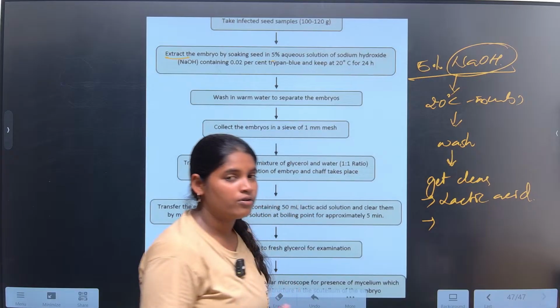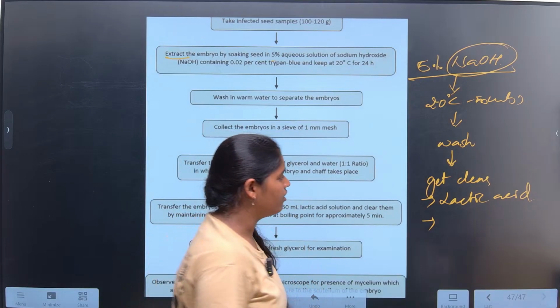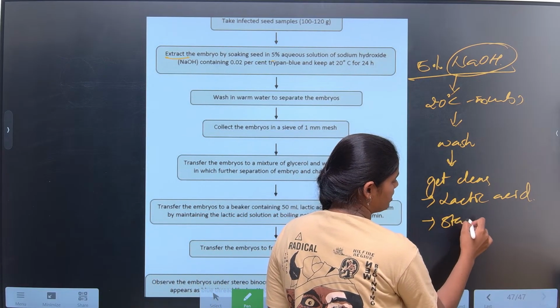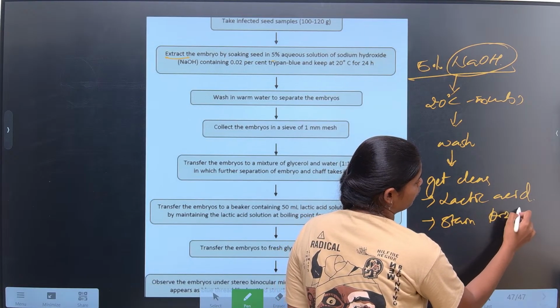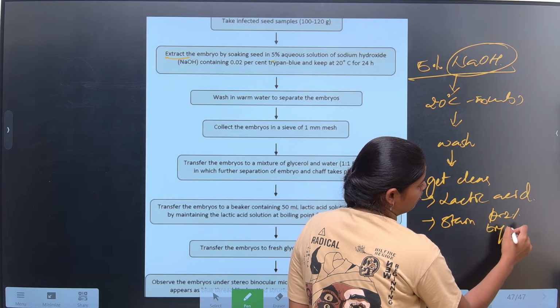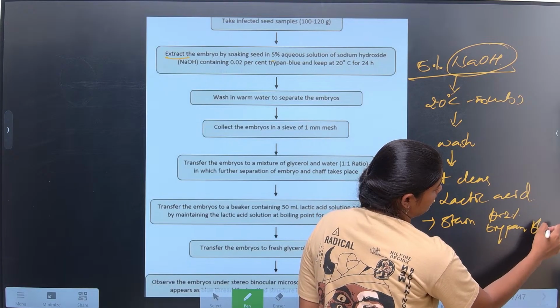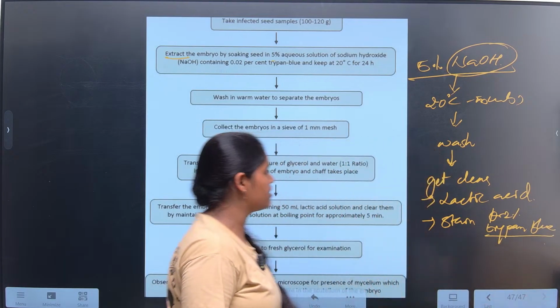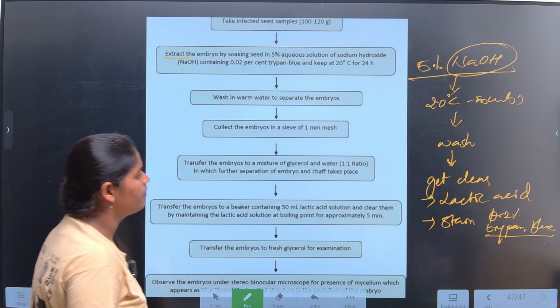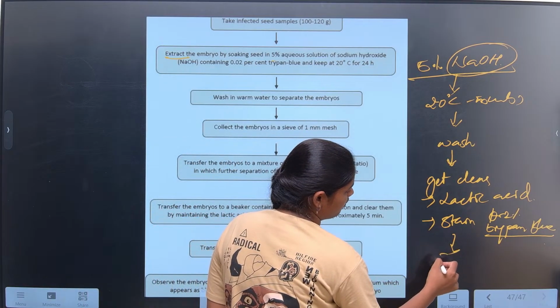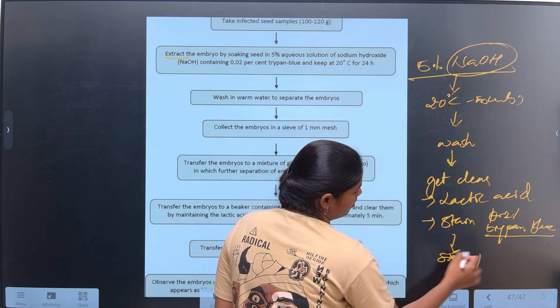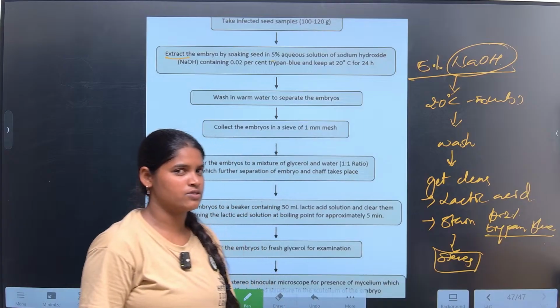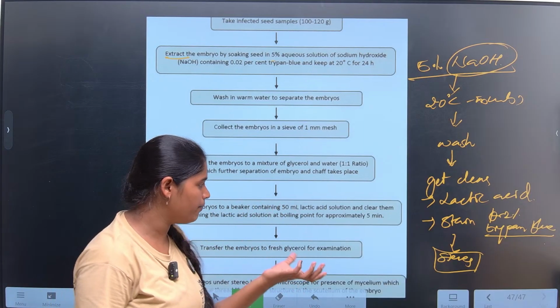And to examine it easily, we need a stain. Here we are using 0.2% trypan blue. The stain is helpful for easy examination. Then we wash through many sieves so that we get only the embryos.